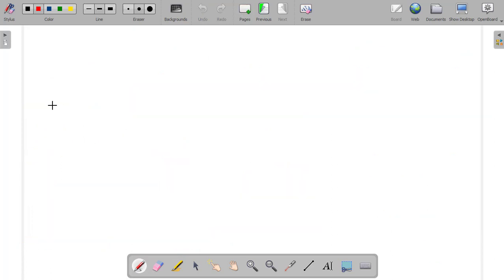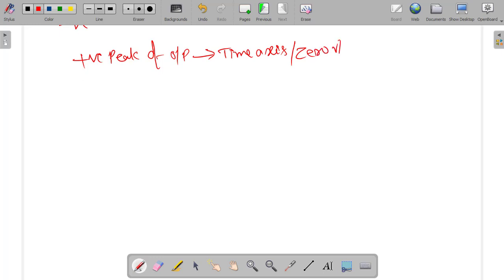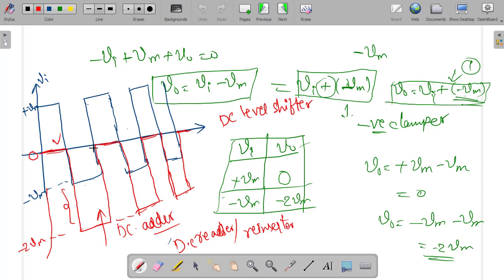Whatever your positive peak of output is, that is touching your time axis. Your positive peak of the output is touching the time axis, or you can call it the 0 voltage level, isn't it? It is touching the 0 voltage level, and this positive peak is clamped to 0 volts.